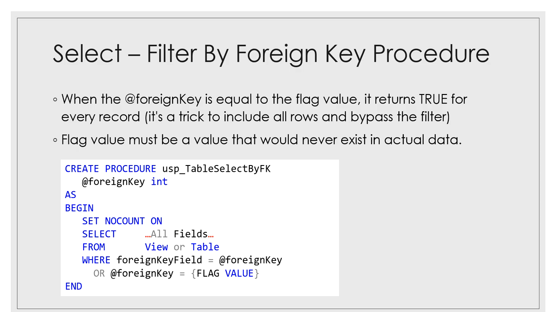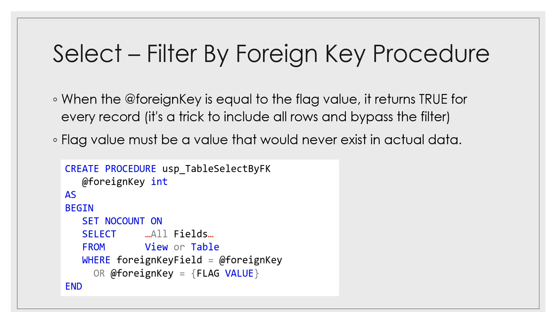That's one way we can kind of cheat and say, we don't want to filter by anything this time. We don't want the code to have to worry about changing and using a different stored procedure on the fly. We can reuse this one stored procedure and basically remove the filter by using a flag value. Now the flag value must be a value that would never exist in the actual data, otherwise it's not a very good flag, or you'll get false results sometimes.